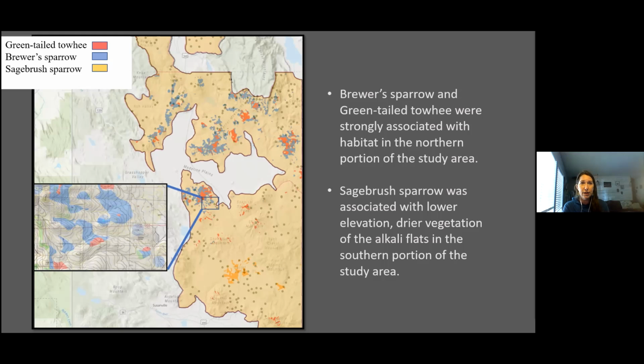We can see here that the green-tailed towhee and the Brewer's sparrow in red and blue are strongly associated with habitat found in the northern portion of the study area, whereas the sagebrush sparrow was associated with lower elevation, drier vegetation of alkali flats that are found mostly in the southern portion of the study area.